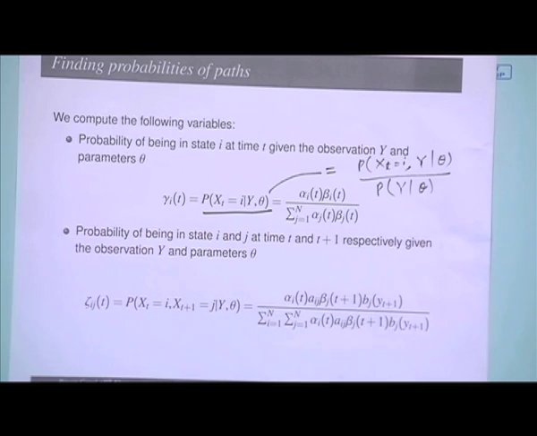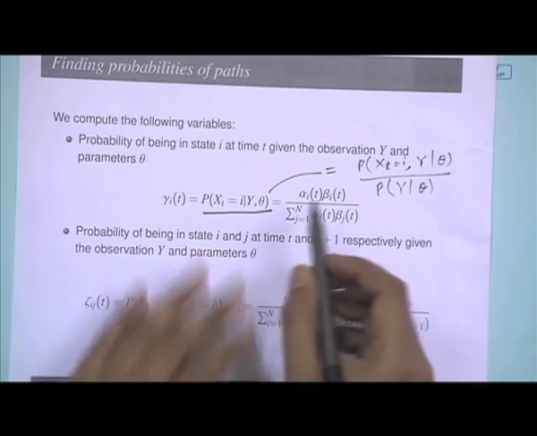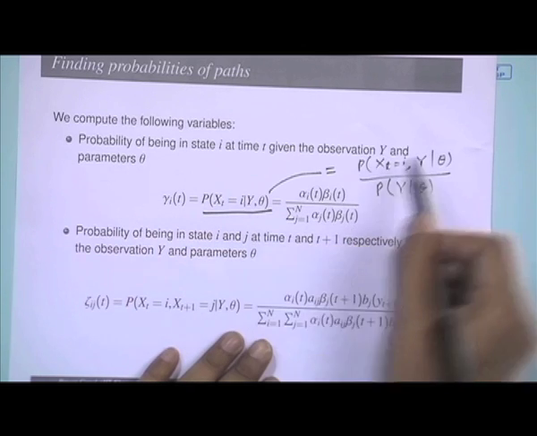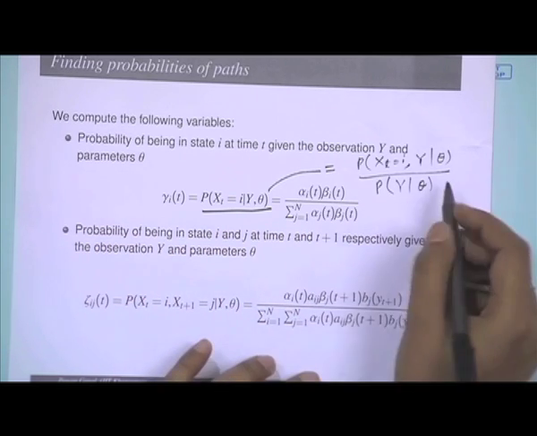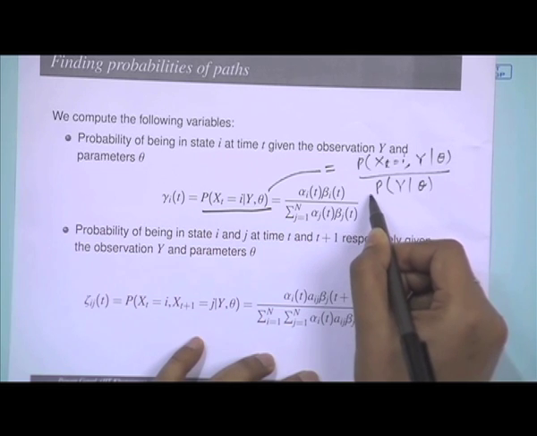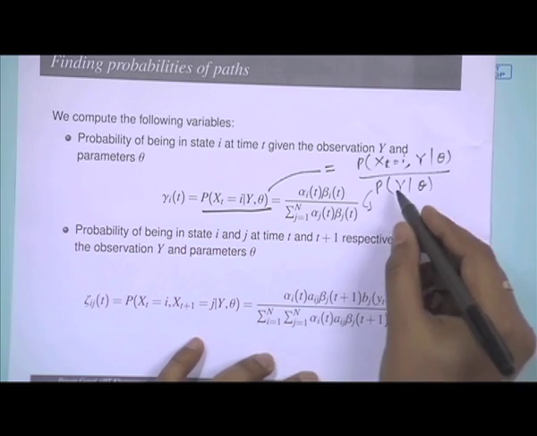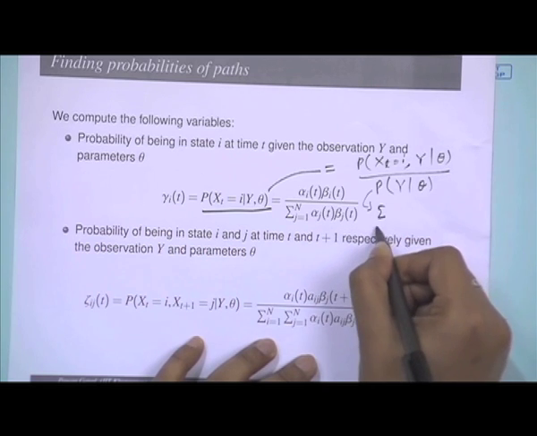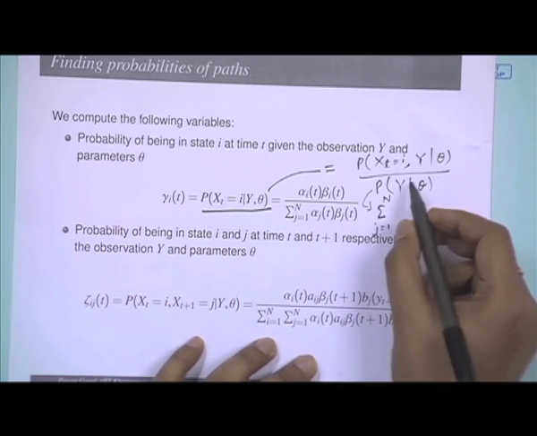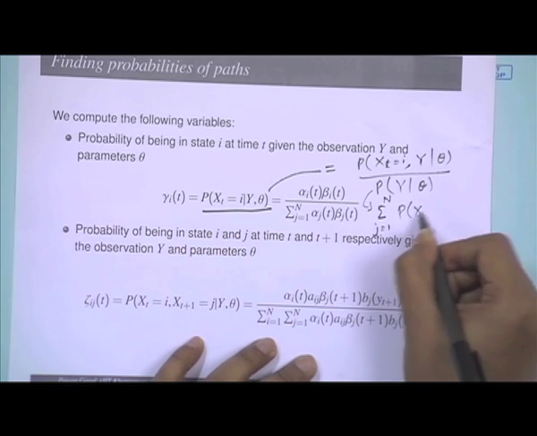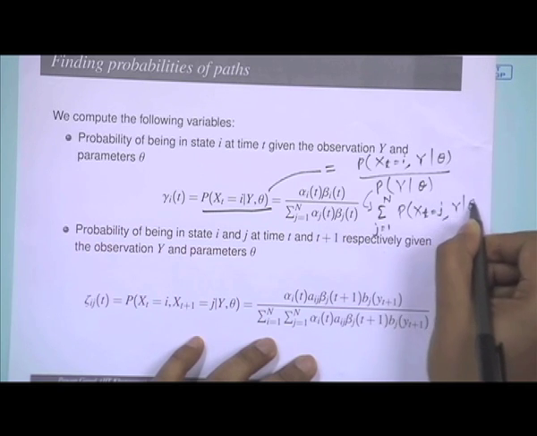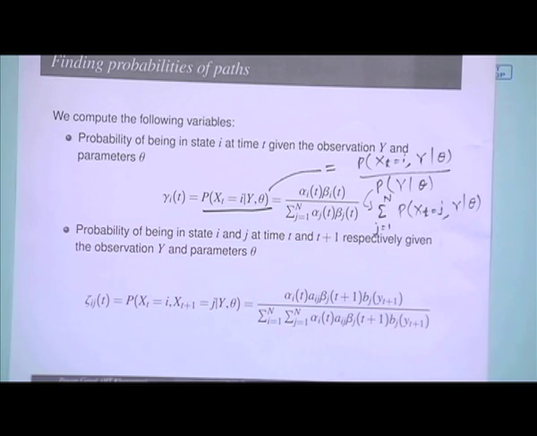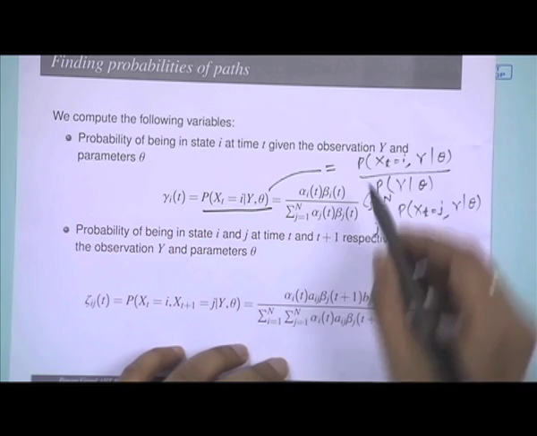Okay, this is the simple conditional rule. If you forget theta, this is nothing but P(xt = i, y) divided by P(y). This is the simple conditional probability rule. Now, the denominator I am writing as the summation over j = 1 to n of the probability of xt = j, y given theta. Okay, so now you can see the symmetry in this equation.